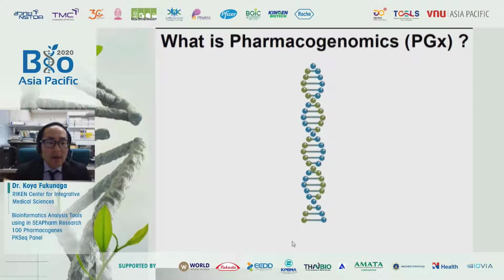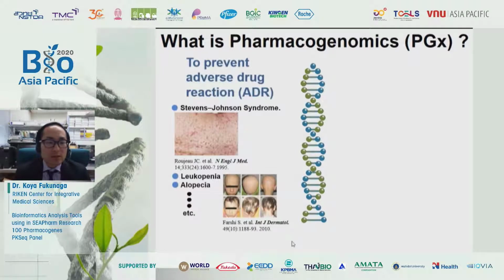First of all, I would like to introduce pharmacogenomics, but many people know pharmacogenomics, and you are pharmacogenomics specialists, so I will talk about it shortly. When a medicine is administered, a small proportion of individuals may experience adverse drug reactions, such as Stevens-Johnson syndrome, leukopenia, alopecia, and so on.